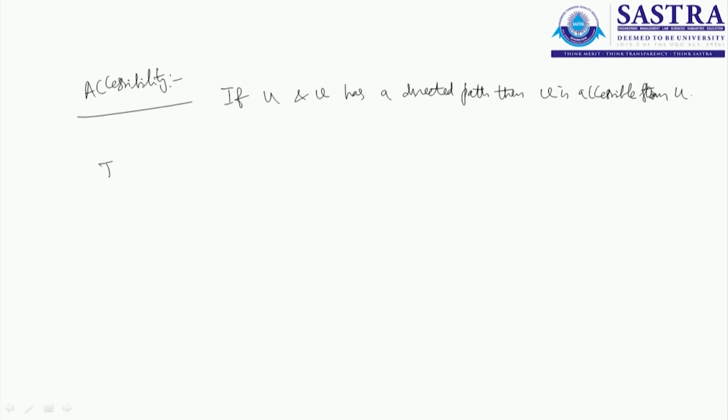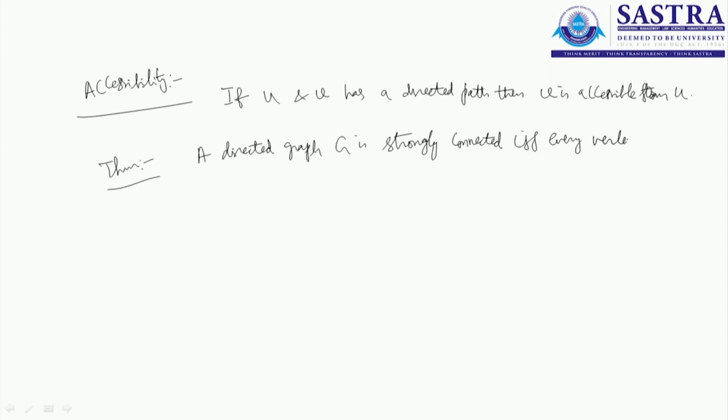Okay, so now you have this important result, which will be very simple here. A directed graph G is strongly connected if and only if every vertex in G is accessible from every other vertex.